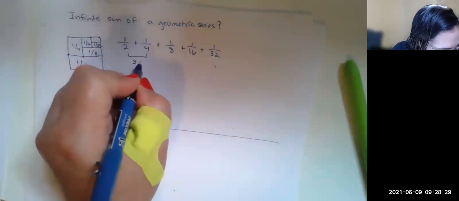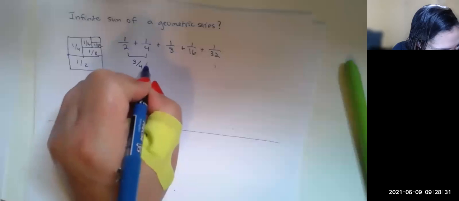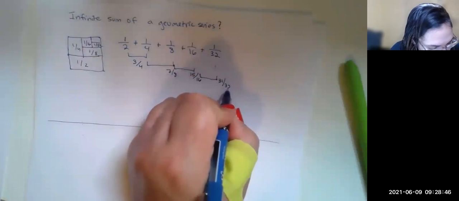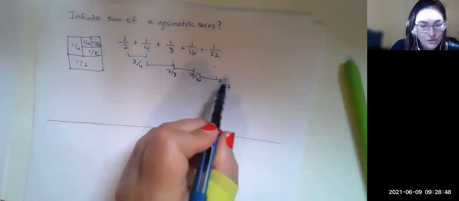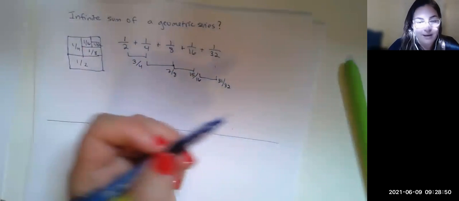So 1/2 plus 1/4 would be 3/4. Then you add 3/4 plus 1/8, and you get 7/8. Add 7/8 plus 1/16, you get 15/16. Then you add 1 over 32, you get 31 over 32. So you can see these numbers are getting closer and closer to 1.